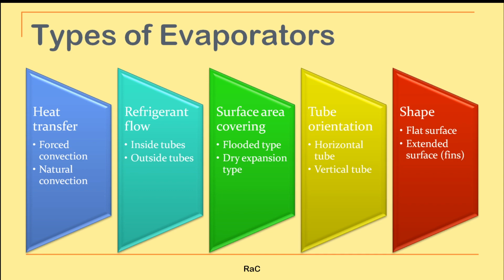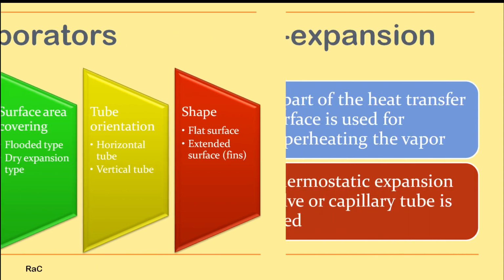Then whether the tubes in the evaporator are placed horizontally or vertically, we can classify as horizontal tube configuration and vertical tube configuration. And even in some kinds of evaporators, especially large capacity systems where heat transfer needs to be increased, you may have to use extended surfaces or fins. So such classification is also made depending on the shape, whether it is protruded surface or flat surface.